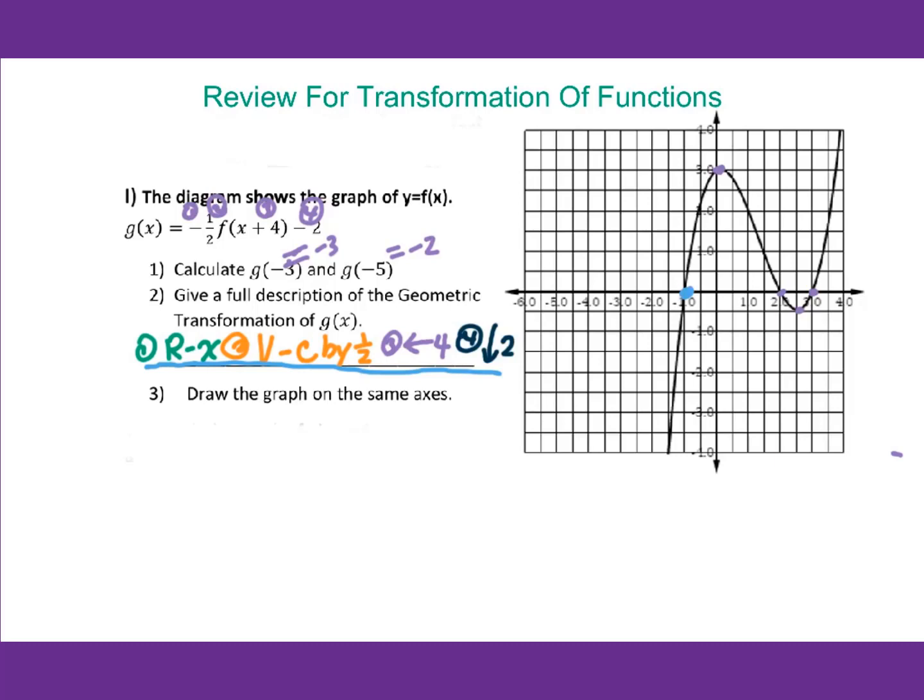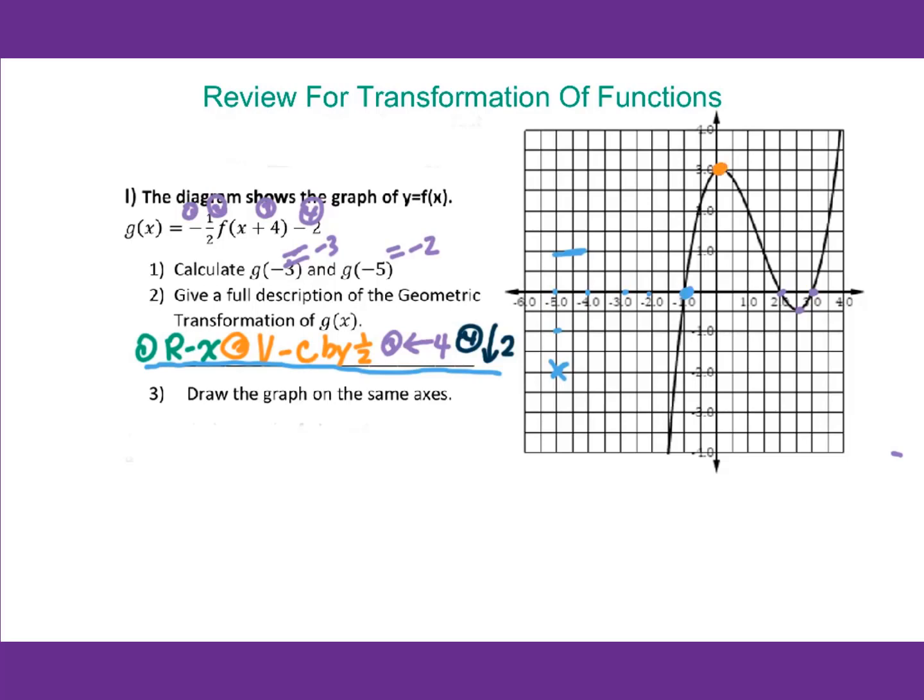But remember, for this graphing paper, 2 spaces means 1. This is 1 unit. Therefore, I move to the left 4: 1, 2, 3, 4. Then I need to go down 2: 1, 2, it's here.